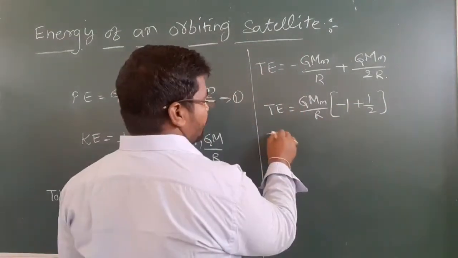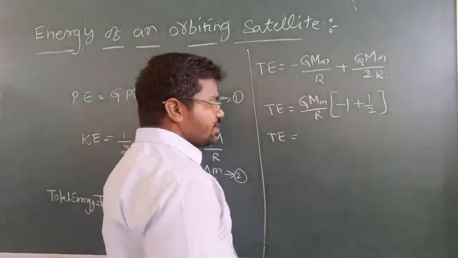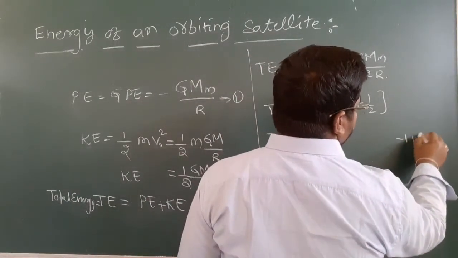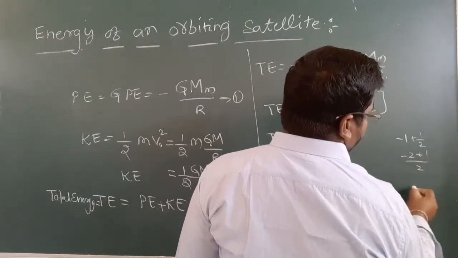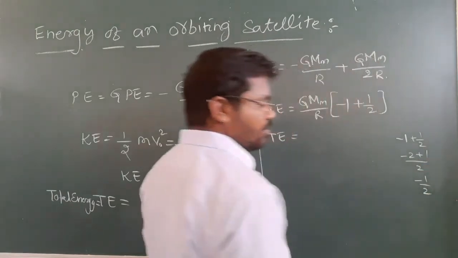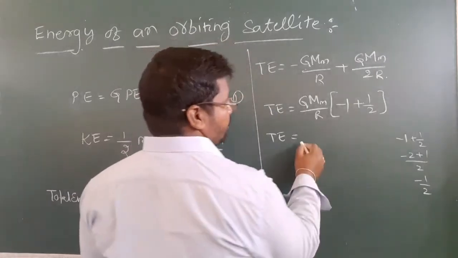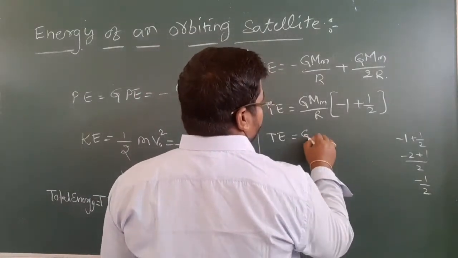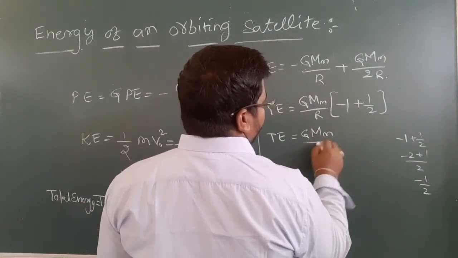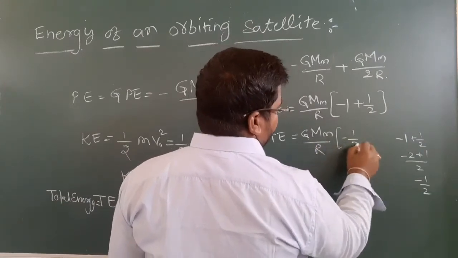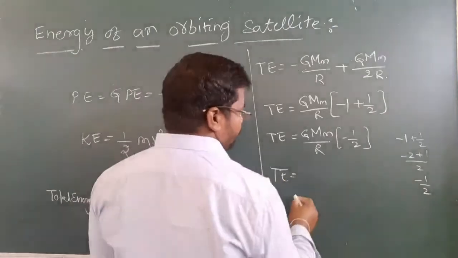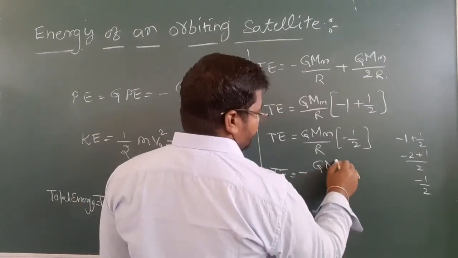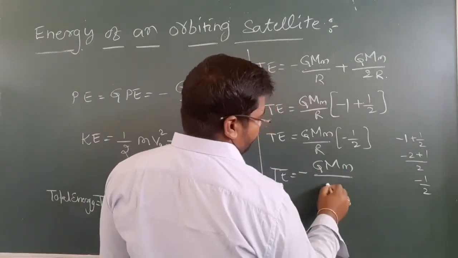Rearranging: minus 1 plus 1 by 2 is minus 2 plus 1 by 2, which is minus 1 by 2. So GMm by R into minus 1 by 2. Total energy is equal to minus GMm by 2R.